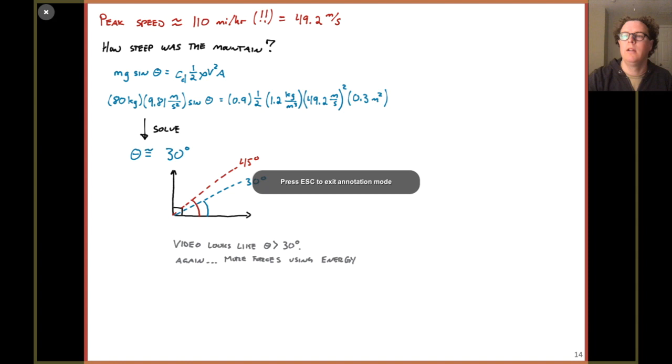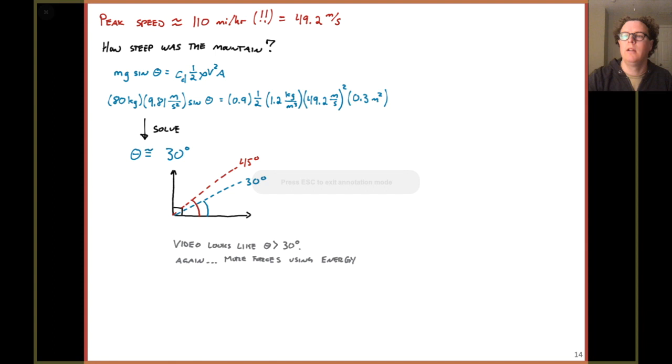So again, what happened? There's other places that energy is going in this scenario besides what we've considered. So in order to get up to 110 miles per hour, the friction in the bearings on that bicycle, for example, is going to get hot, make noise, and slow you down. And so 30 degrees is what it takes to offset drag.